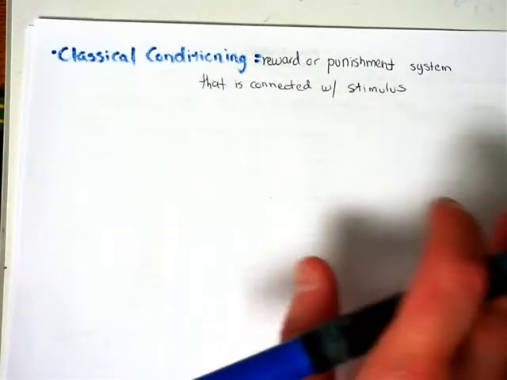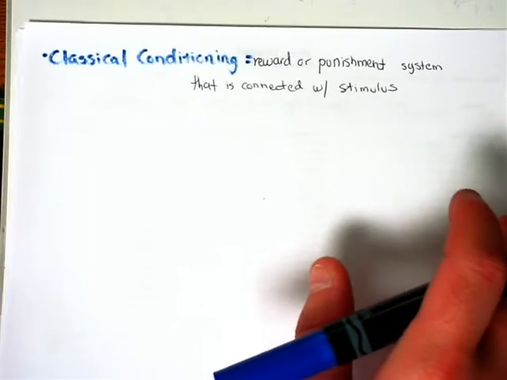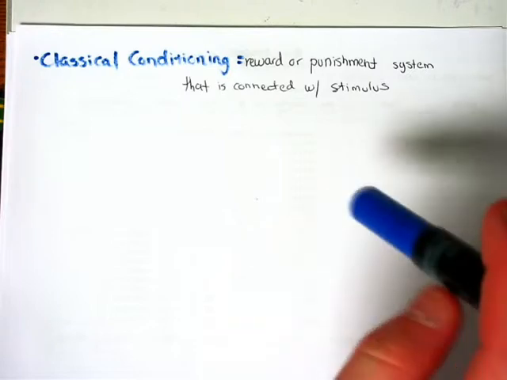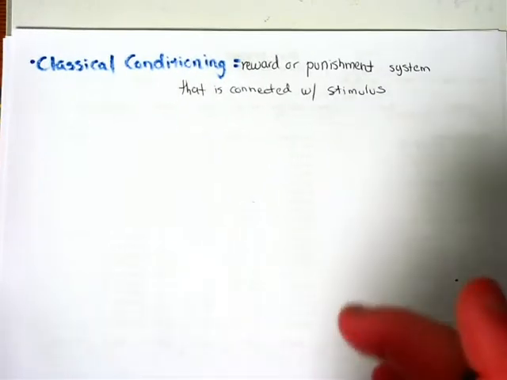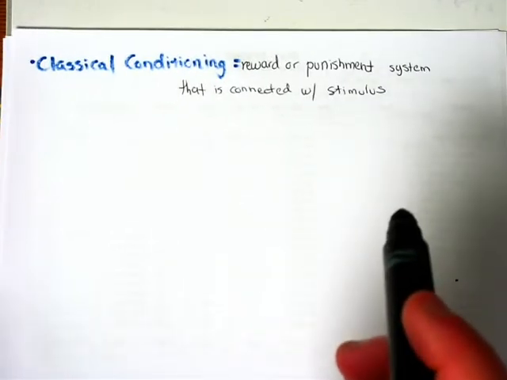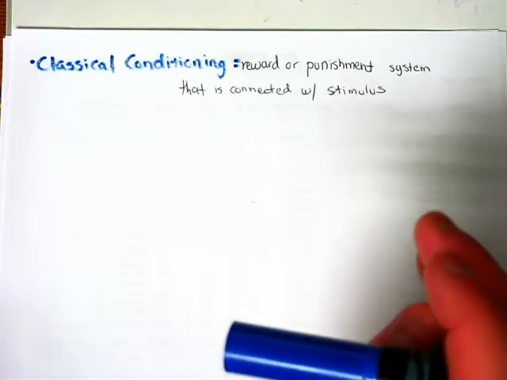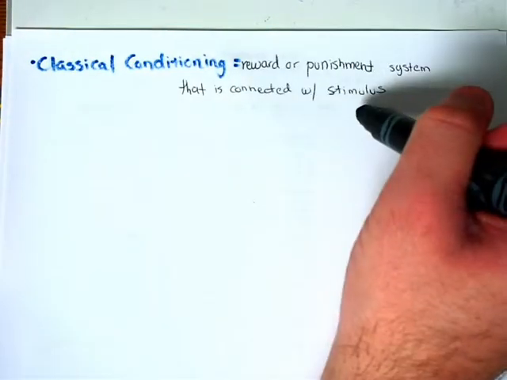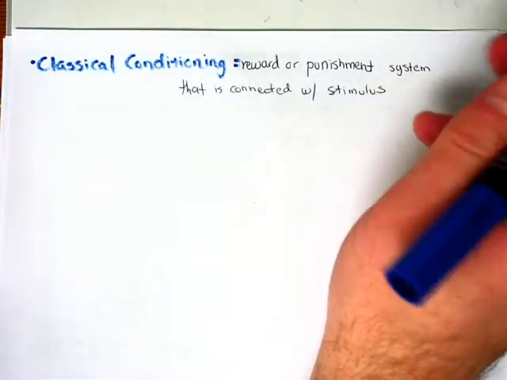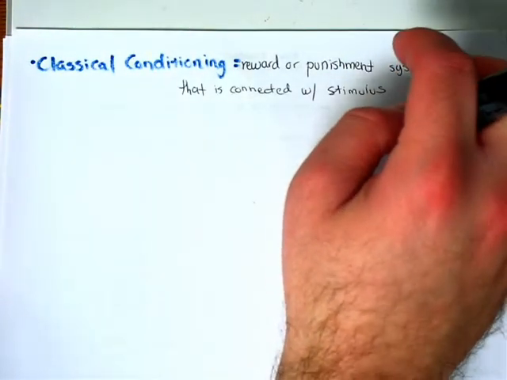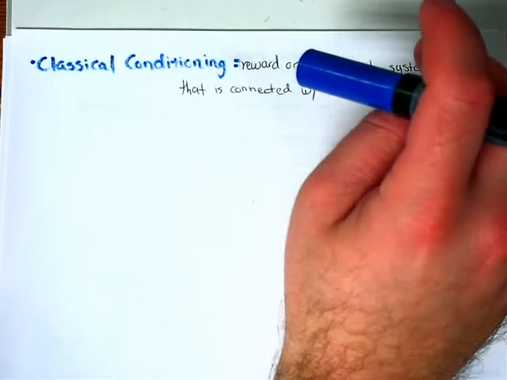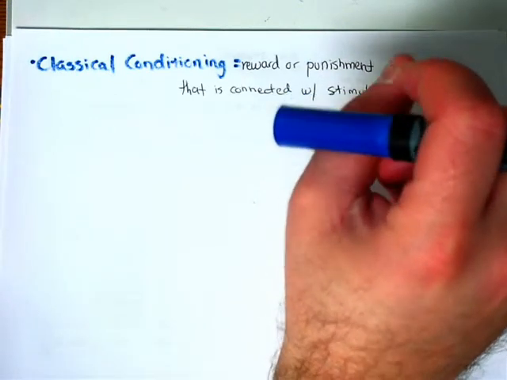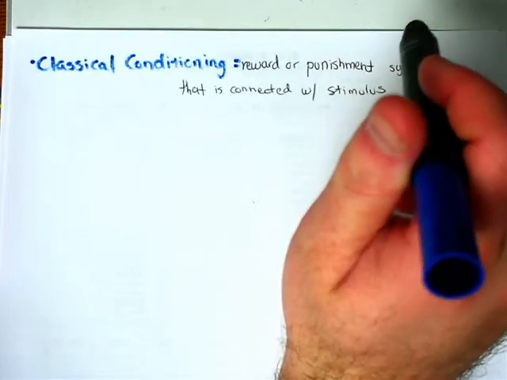Why would that be considered as a reward and punishment system? It really could be any type of... I don't want to say necessarily it's reward or punishment. There's something that happens as a result of a stimulus, like an external source affecting you.